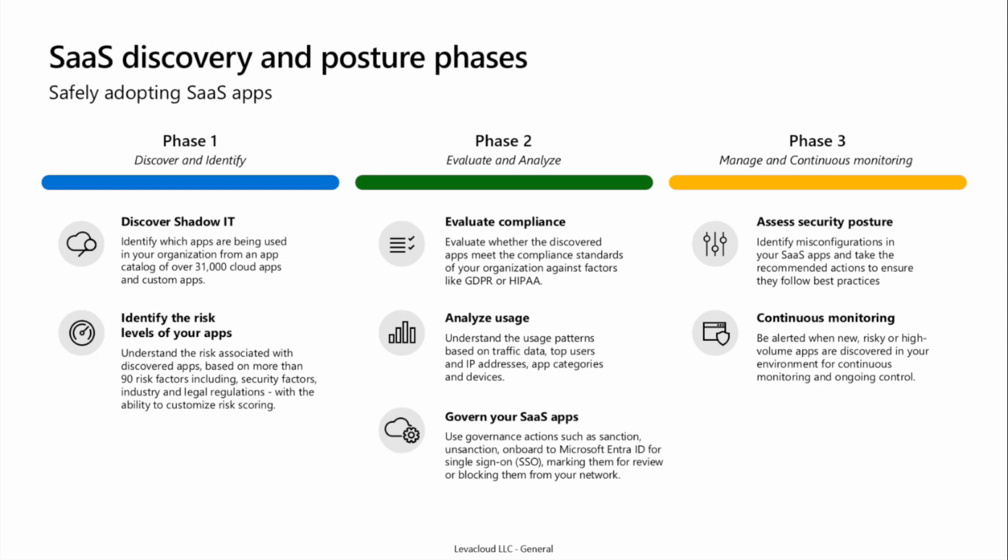It'll even actually export it in a PDF format for you. And then manage and continuously monitor. So the sort of continuous improvement part of the cycle, going in there on a regular basis, looking for alerts popping up in Defender, telling you when someone's accessed a new high volume application, I think it calls it, where lots of users have jumped on some new popular application, so that you can kind of continually manage this stuff.